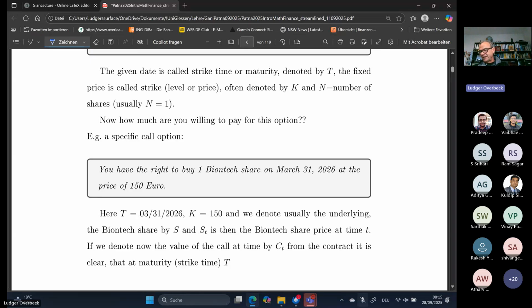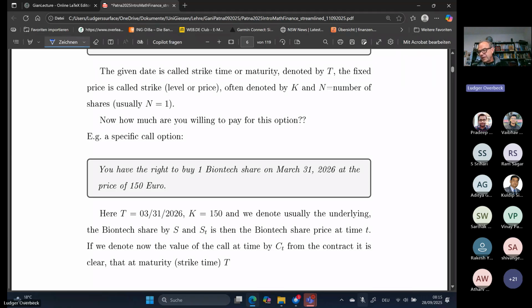This should be roughly 150 days or something like this. And the strike level is 150. And usually the underlying share, in this case a BioNTech share, mathematically is just a random variable S. And S with an index T is the share price at time T.